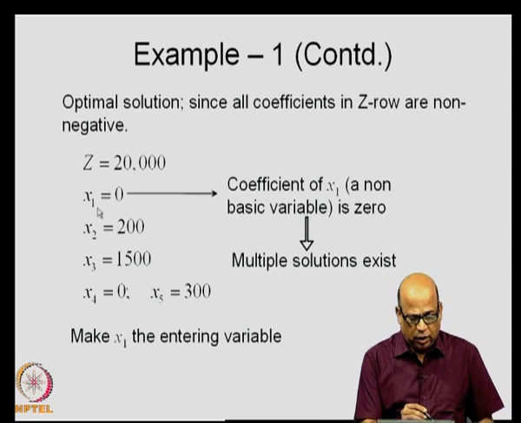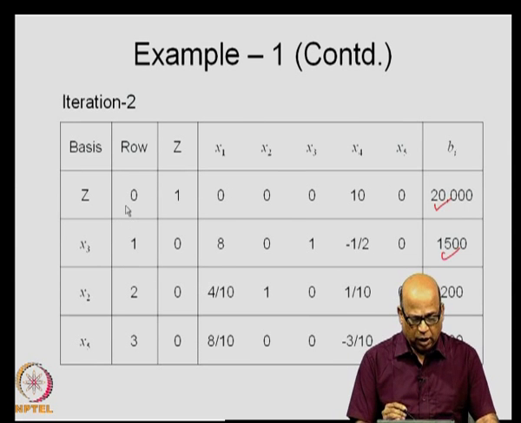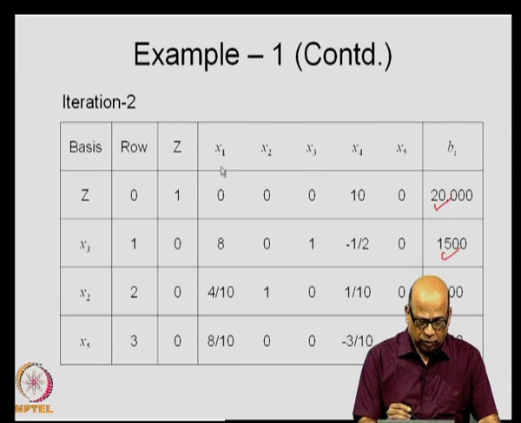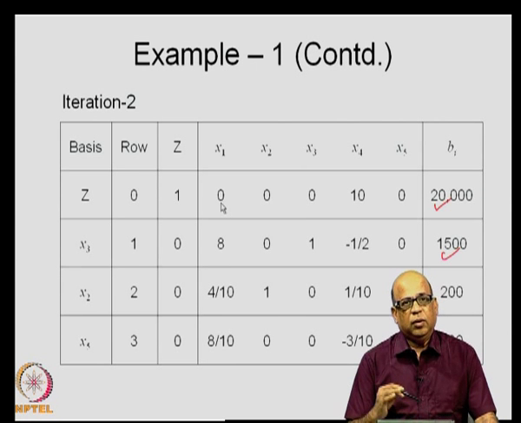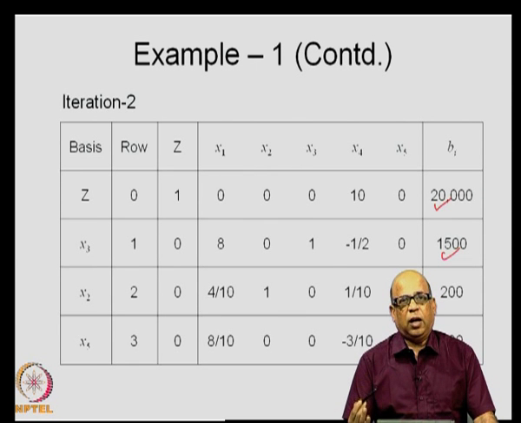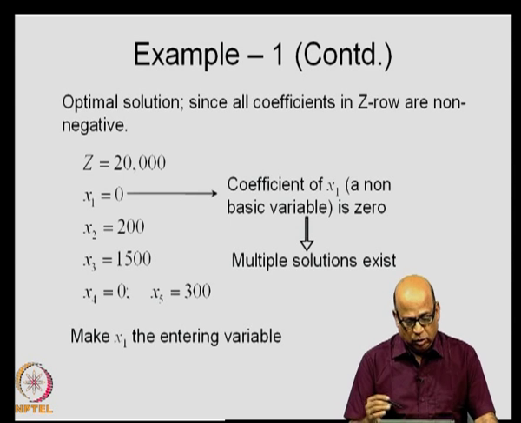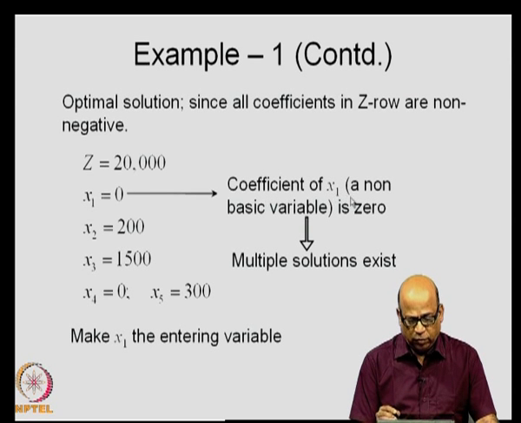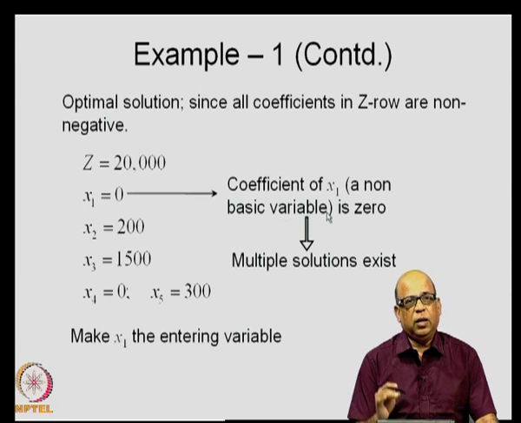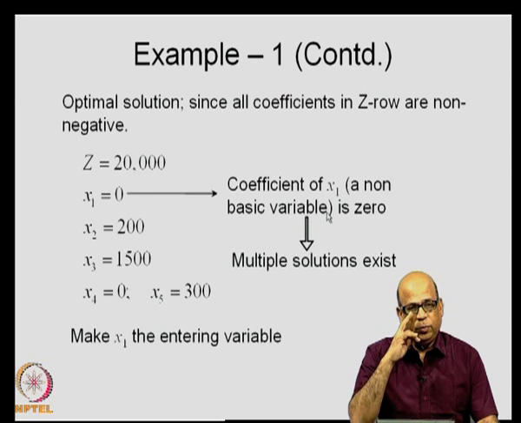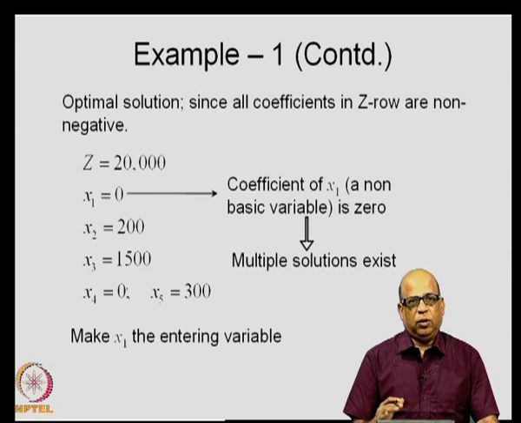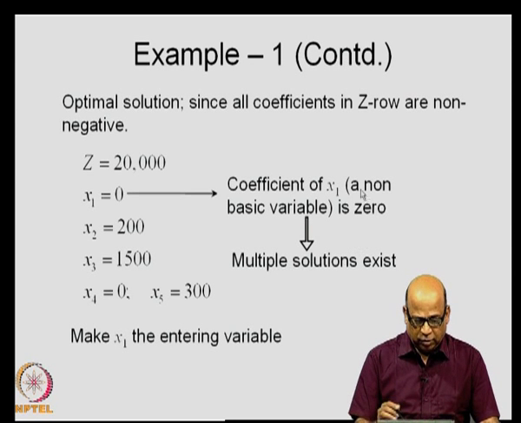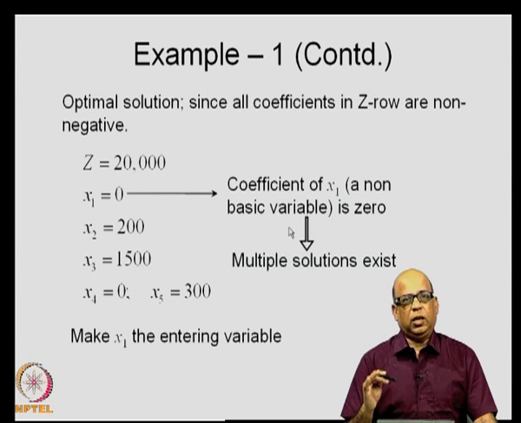Then you say that because x1 has a coefficient of 0 here, this can be brought into the basis and therefore generate another set of solutions. So, we are saying that the coefficient of x1, which is the non-basic variable in the final optimal solution, is 0, so you can bring it into the basis, and therefore multiple solutions exist.